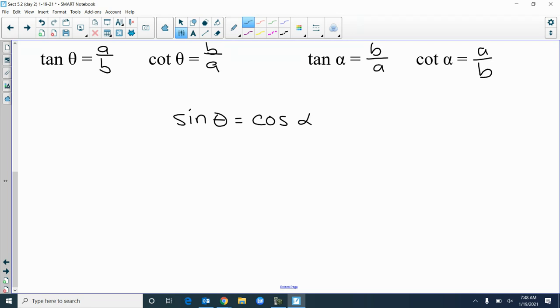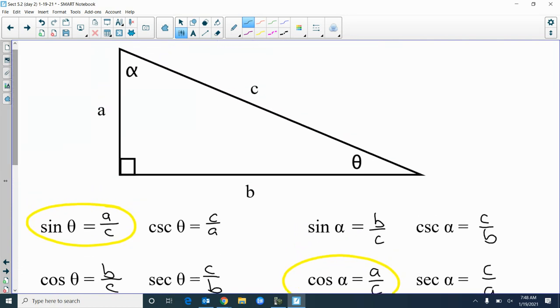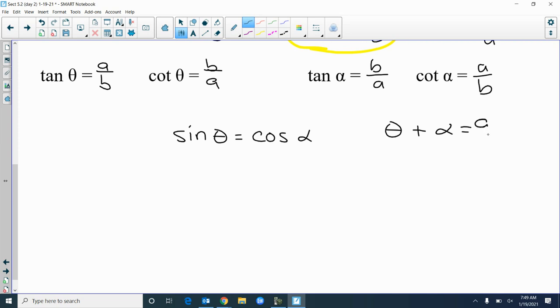Now, what does theta plus alpha have to add up to? What does that have to add up to? Maria, what do you think? 90. Has to add up to 90. Because you have a right angle there. So that equals 90. So alpha equals 90 minus theta.